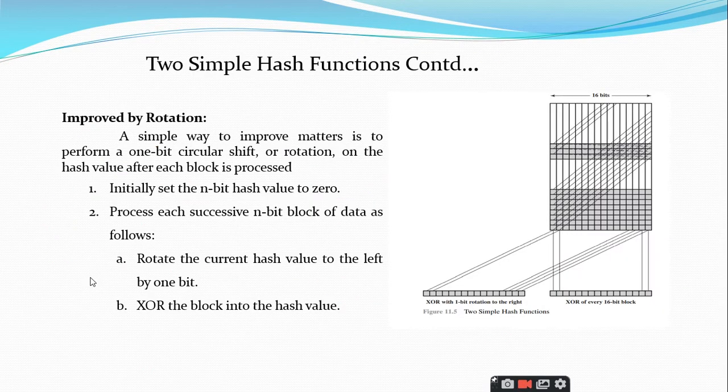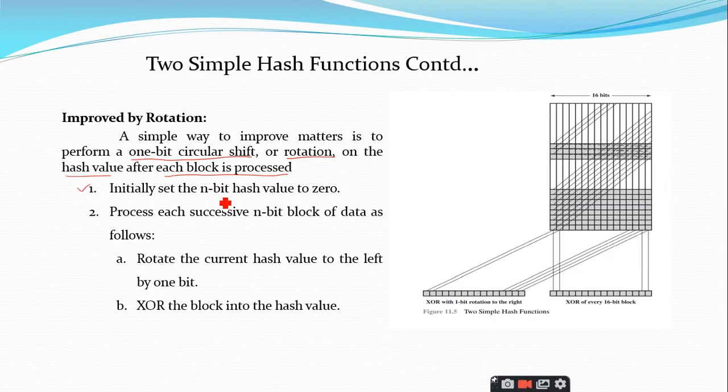Let us see this. To improve the efficiency of the previous bit by bit XOR operation, the simple way is to perform a 1 bit circular shift or rotation on the hash value after each block is processed. The procedure goes like this.